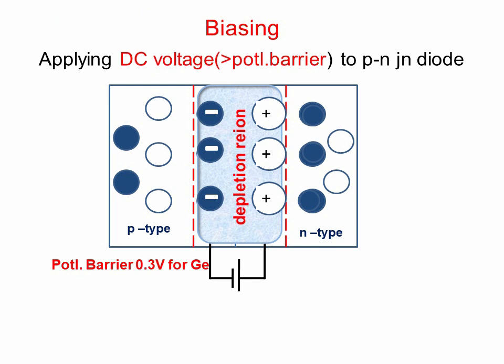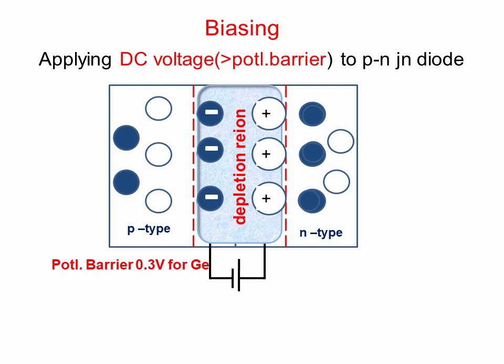Due to the potential barrier, charge carriers cannot diffuse further. In order to mobilize the charge carriers, we need an external DC voltage. This applied voltage should be greater than the barrier potential.